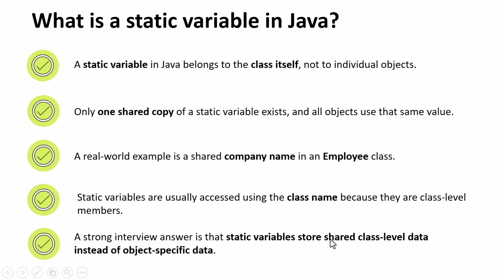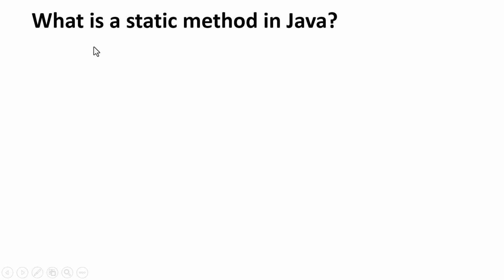They save memory when the same value does not need to be stored separately in every object. So the best interview answer is this. A static variable in Java belongs to the class, not to objects, so only one shared copy exists for all instances of that class.